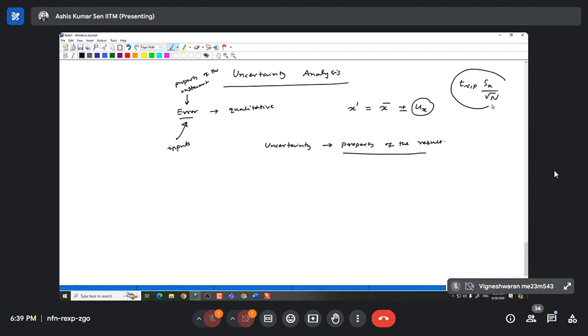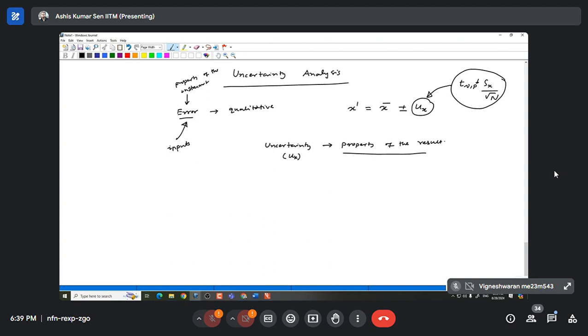So this is basically the uncertainty. Okay, and when uncertainty is there, of course you have to specify it with some probability. So the probability comes in that context. You got it, right?